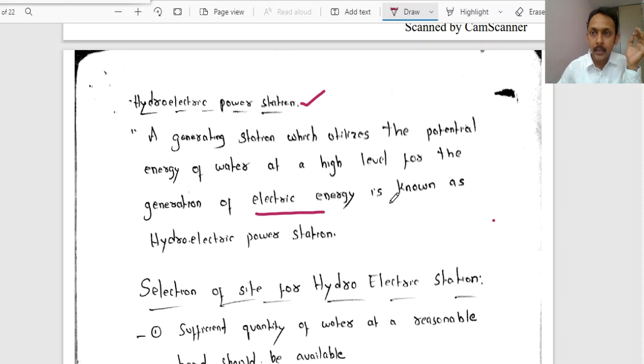So here we can observe three stages. The kinetic energy, potential energy and some pressure energy is converted into mechanical energy with the help of the turbine. Now with the help of the generator, this mechanical energy is converted into electrical energy. So that is what happens in the hydroelectric power station.